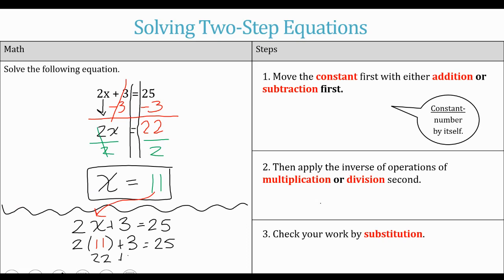I'm going to just bring down that 3 and then equals 25. And then we know 22 plus 3 is 25. So we see that 25 equals 25. So that means that this answer is correct, because when we substituted in, we ended up getting what we wanted to, which in this case was 25. So let's take a look at another example.